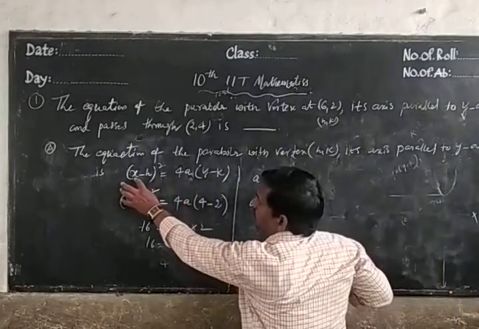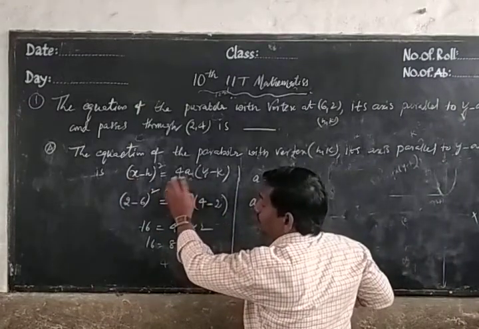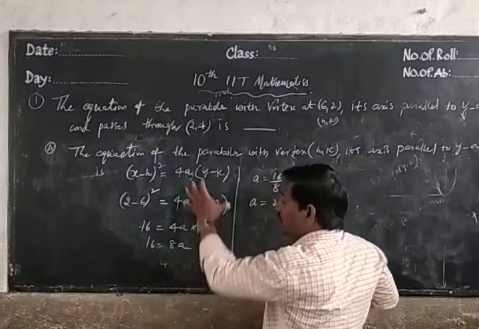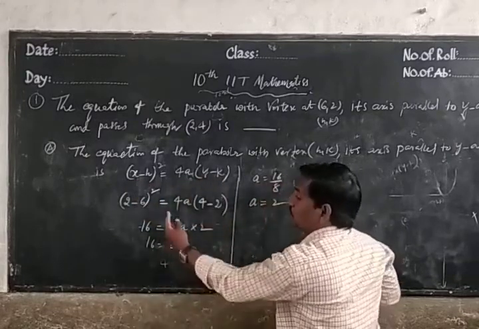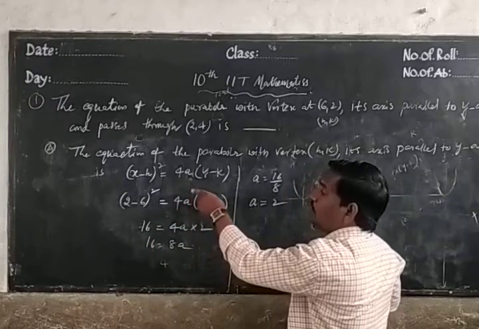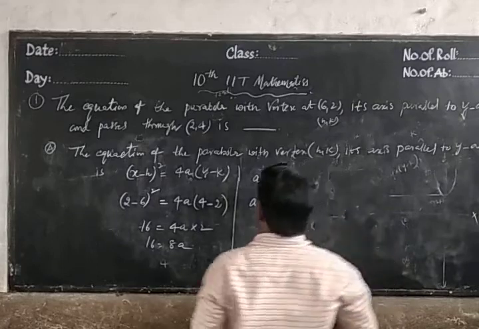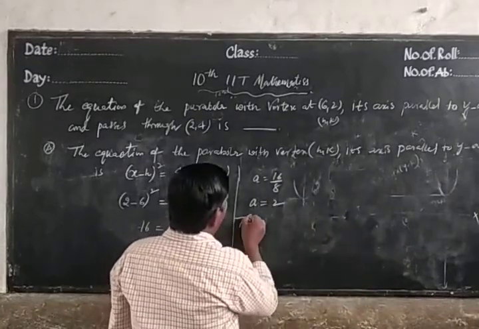We don't know the a value, but we know x comma y and h comma k values. For getting the a value, we have to substitute x comma y and h comma k values. So we got the a value.